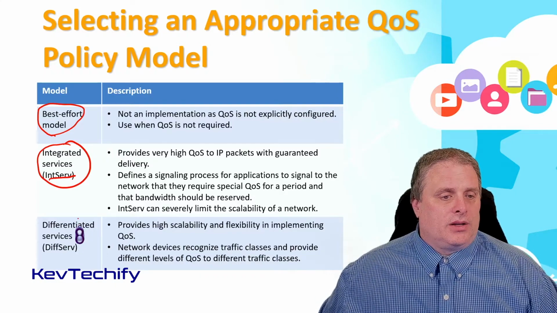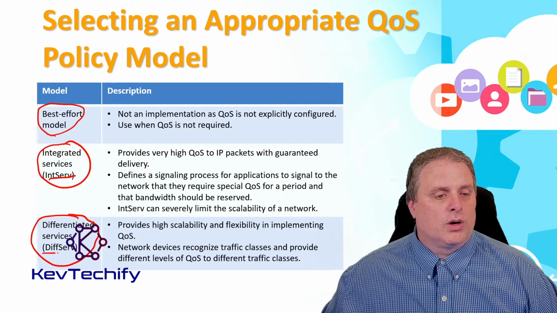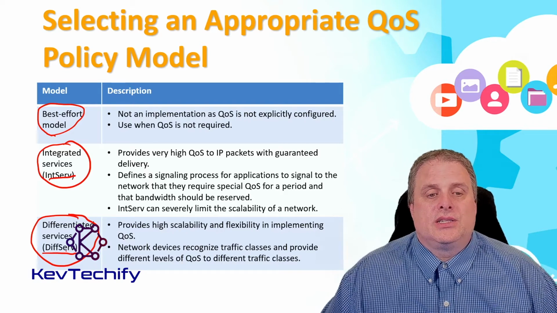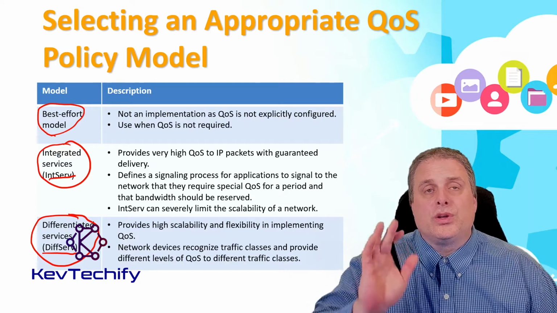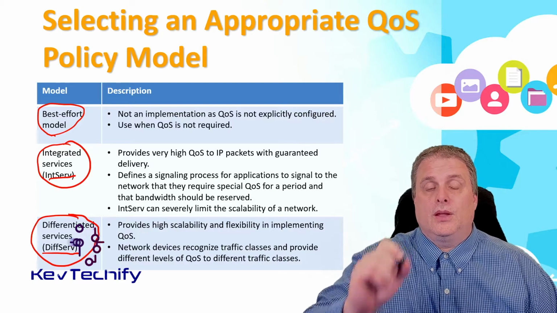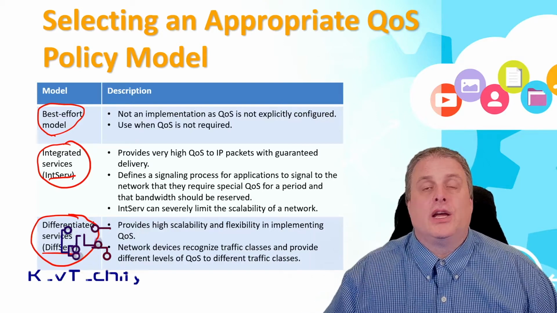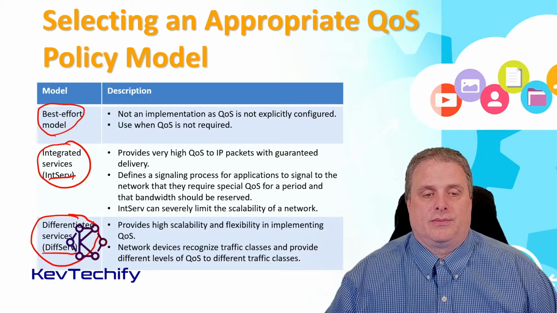The last model here is the differentiated services model, or DiffServ. Now, this is a quality of service model. It gives really high scalability and flexibility, but it is a manual process. You need to go into your devices and configure quality of service there.